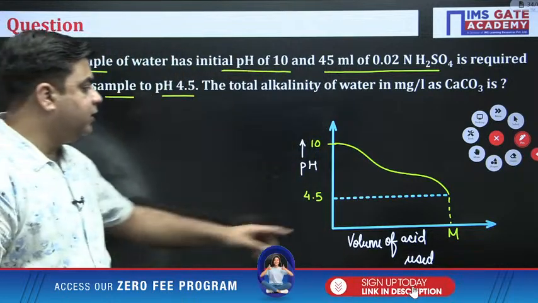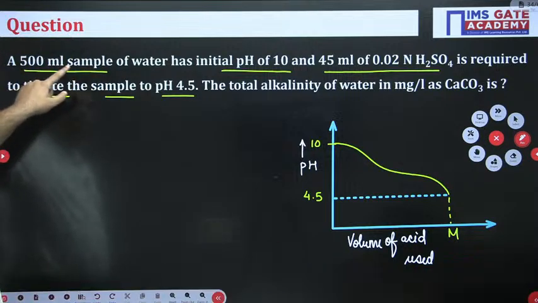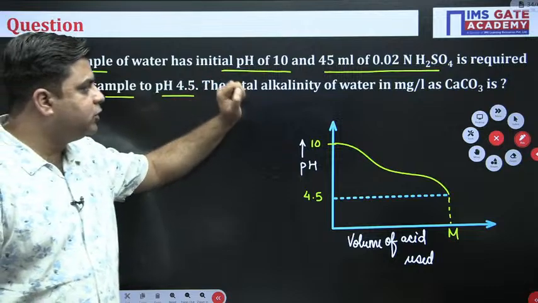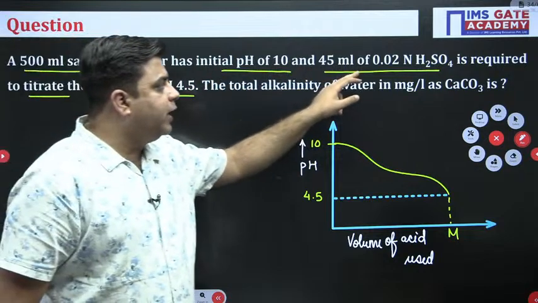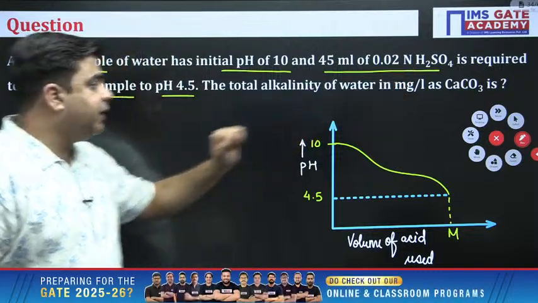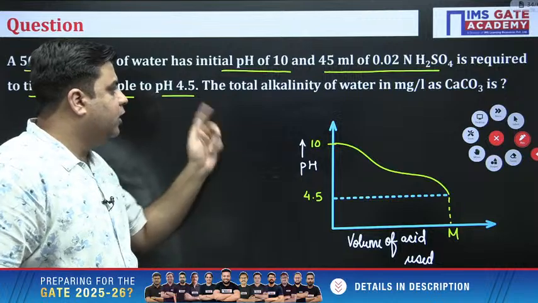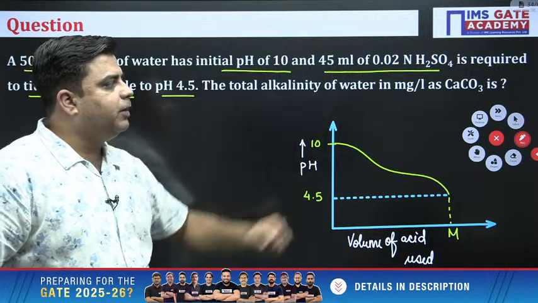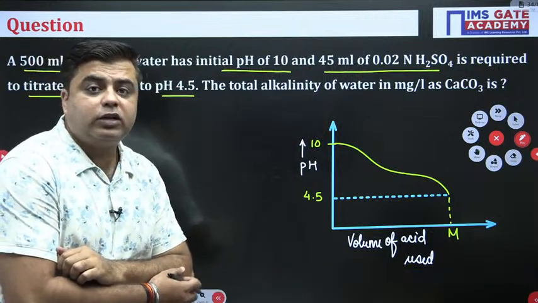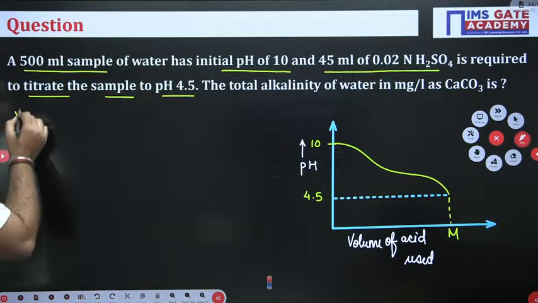Now, what is given in the question? Question says that a 500 ml sample of water has initial pH of 10 and 45 ml of 0.02 normal H2SO4 is required to titrate the sample to a pH of 4.5. The total alkalinity of the water sample in milligram per liter as CaCO3 is. So now, let me write down first.